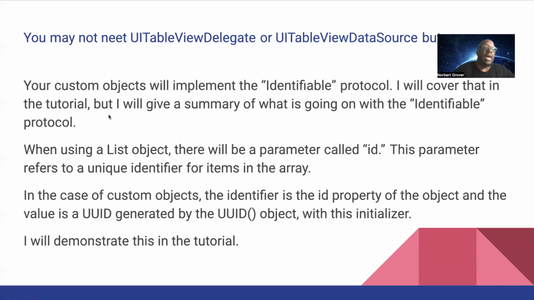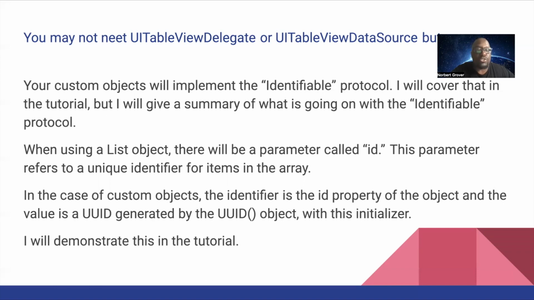Okay. Now, you may not need UITableViewDelegate or UITableViewDataSource, but your custom objects will implement the Identifiable protocol. And I'll cover that in the tutorial, and I will give you a summary of what is going on with the Identifiable protocol. When using a List object, there will be a parameter called id.